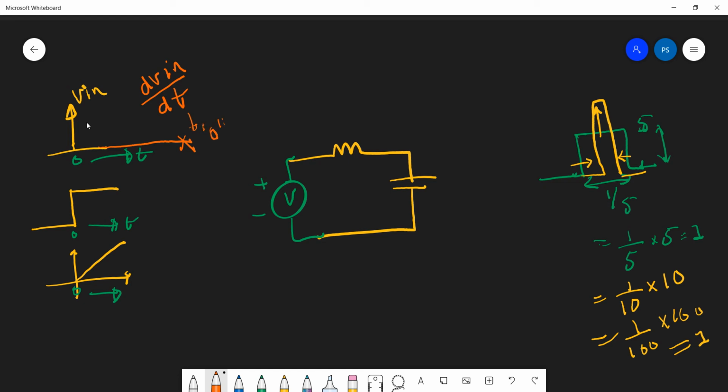It means if I excite my RC circuit using an impulse, the excitation is only temporary at t equal to 0, and at a very long time or any time after this, there is no excitation in the system. The input doesn't change. Remember this very important point: the input doesn't change.